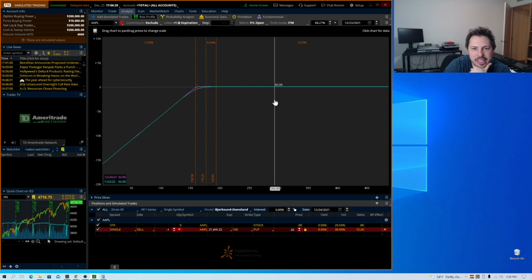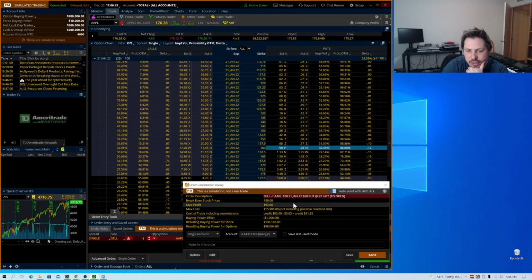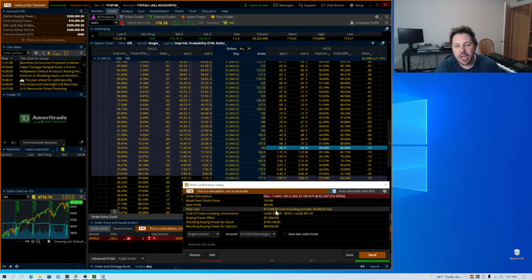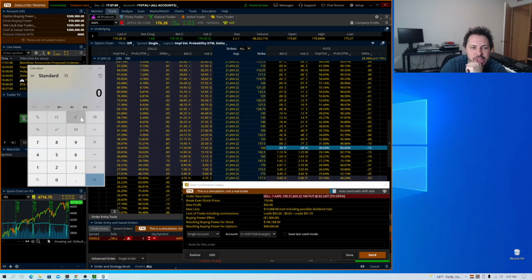We can see in this example that we're only making $92 on this put. It's not that much money relative to how much money we have to put up. If we look inside the order confirmation dialog, our max loss here is $15,908, which is the amount of money we would put up for the 100 shares of Apple at $160, minus the credit we received for selling the put.